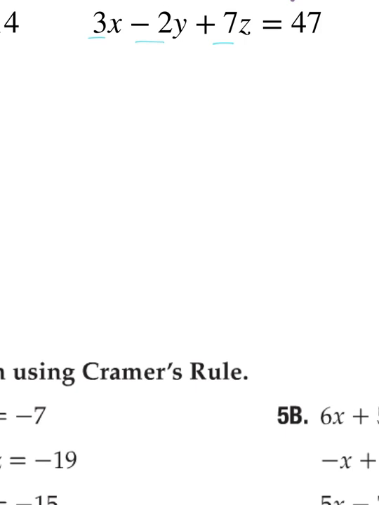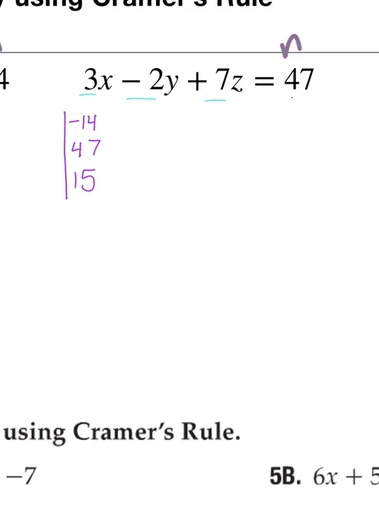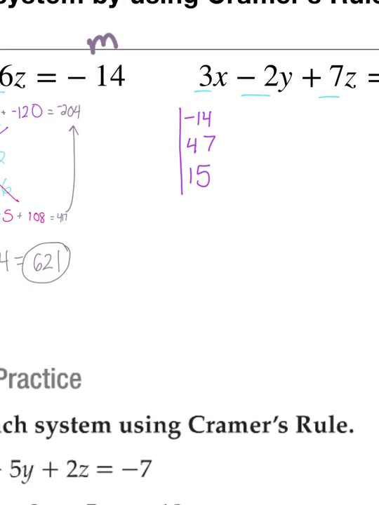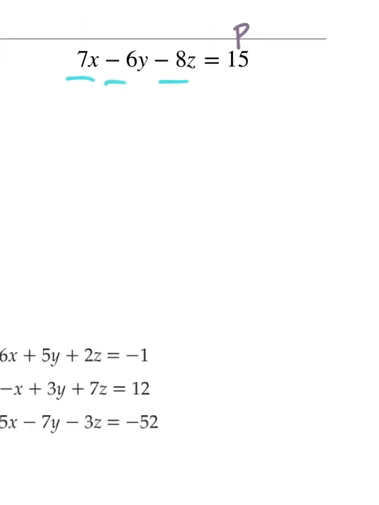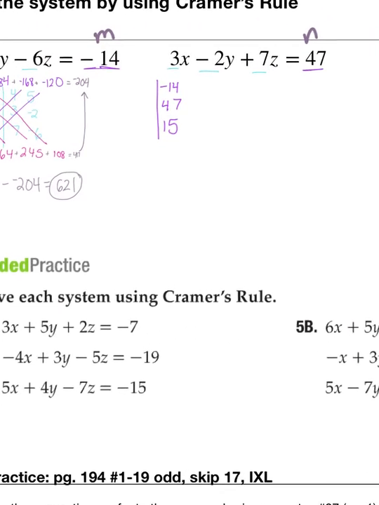So for the x determinant, or I shouldn't say determinant, the matrix, we are going to do negative 14, 47, and 15. And keep in mind, this is like the x spot, like the first numbers, and those are always going to be the answers, like what it equals in those spots.